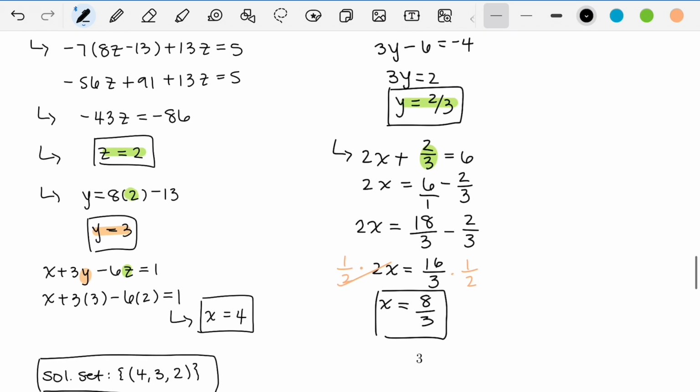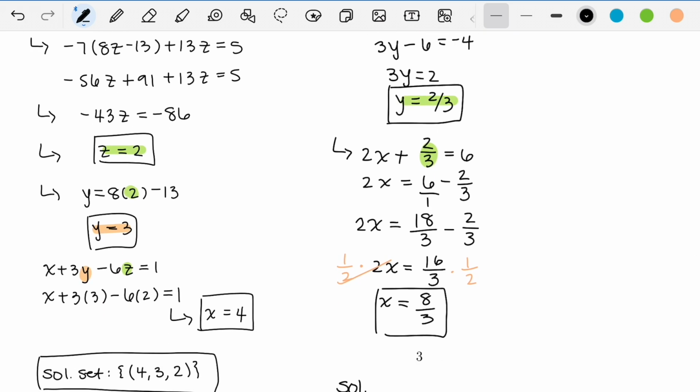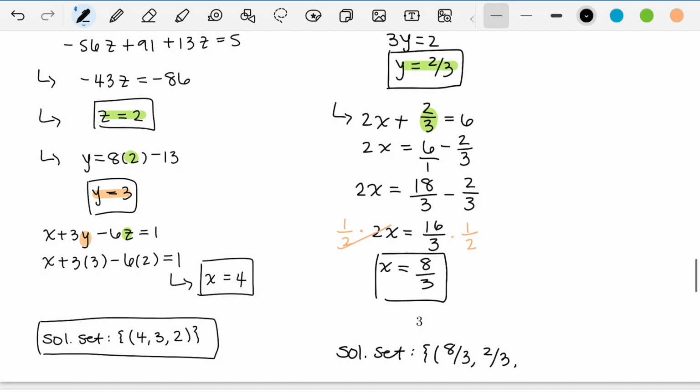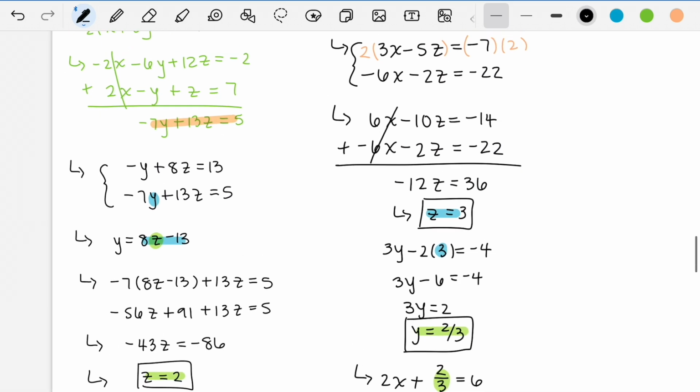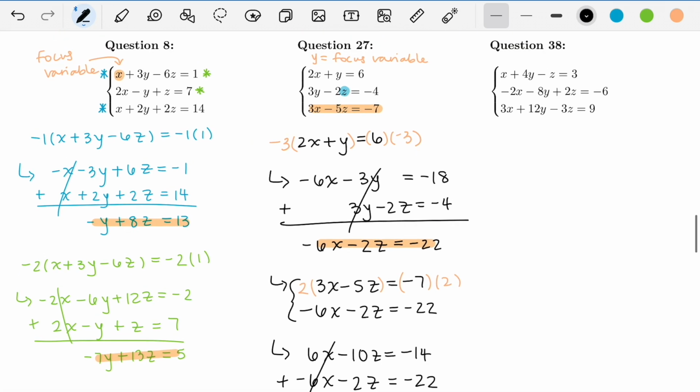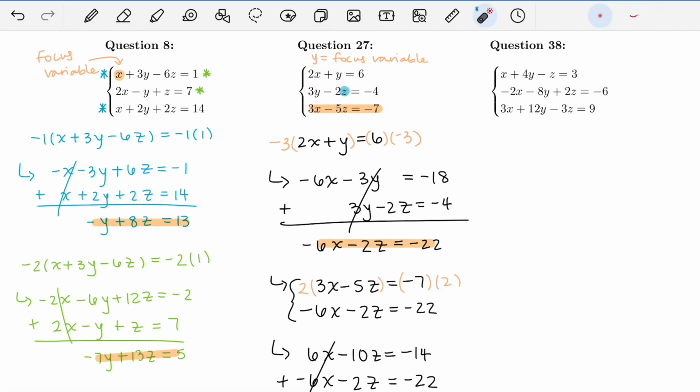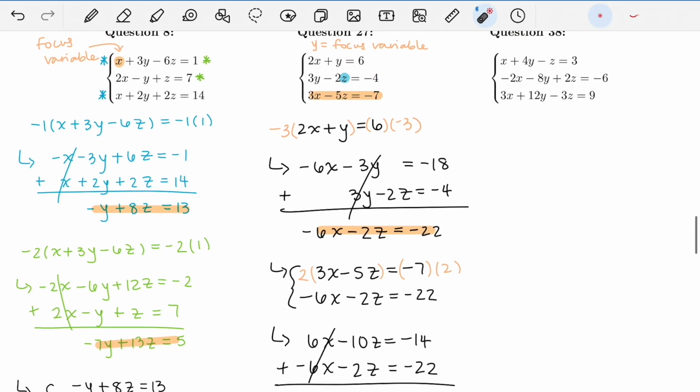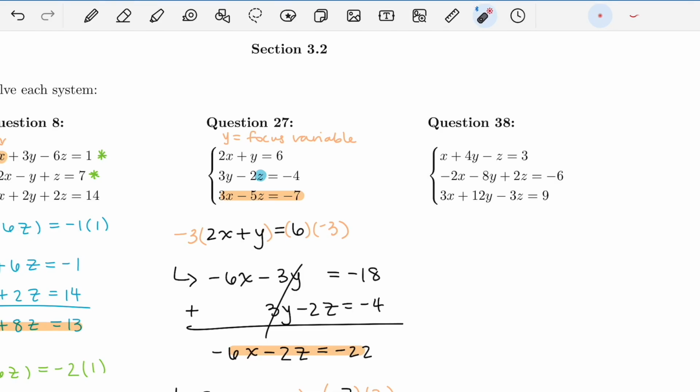And lastly, this tells us that our solution set is going to be 8/3 for x, y is 2/3, and we found that z is equal to 3. So that's how we do this when we're dealing with 3 equations and 3 unknowns, and some of our variables are missing.